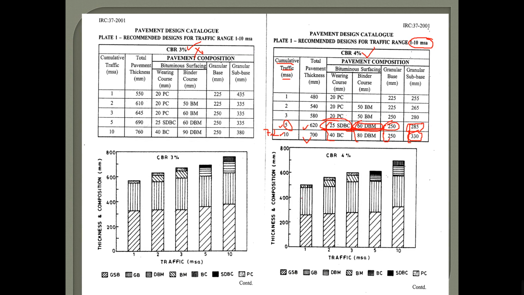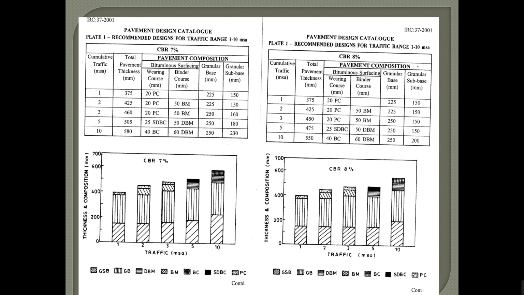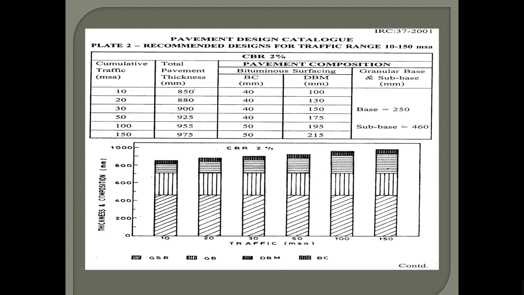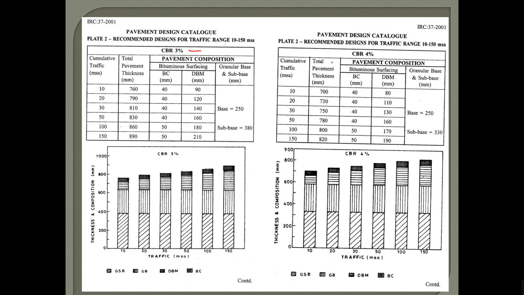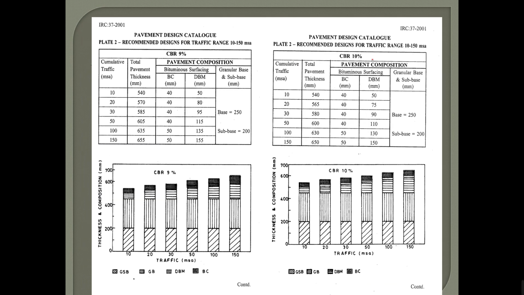Okay. Now why do we have to refer to this traffic in terms of 1 to 10 MSA? Because there are other catalogs ranging from 10 to 150 MSA for CBR values that are likely to vary from 2% to 10%, like 2%, 3%, 4%, and so on up to 10%, for the design traffic in the range of 10 to 150 MSA.